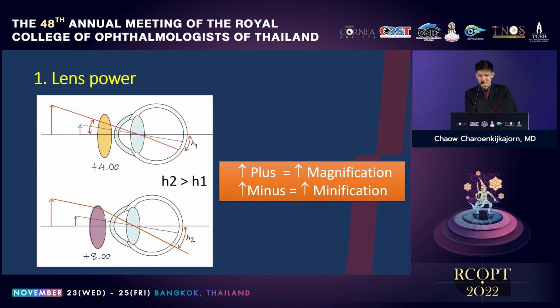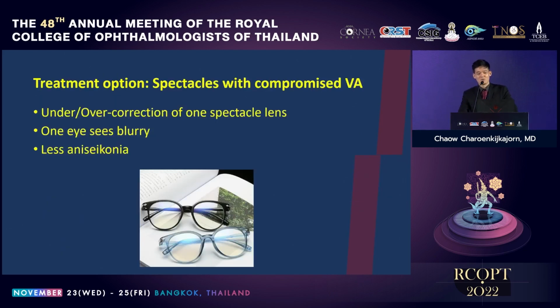So from this knowledge, what we're going to do to help our patient is introduce treatment option number 1, which is that we can compromise the lens power between the two eyes. We sacrifice some VA to achieve more similar image size. So this is spectacle with compromised lens power or compromised VA.